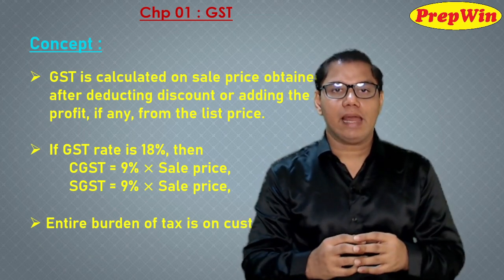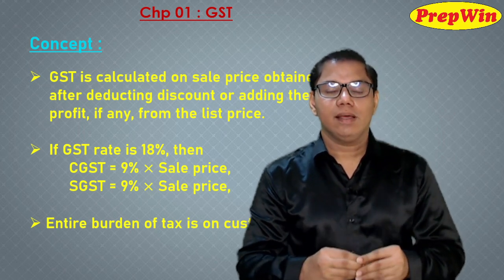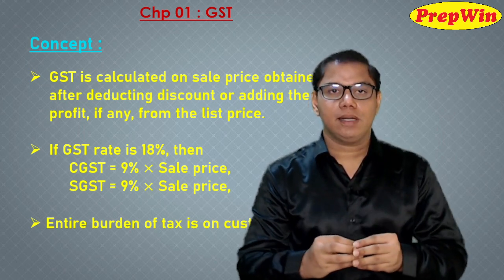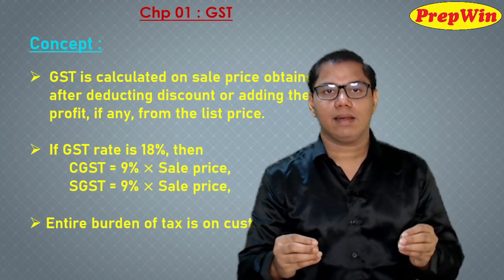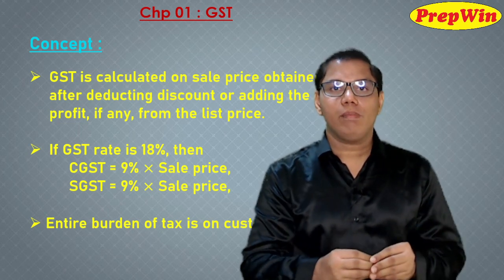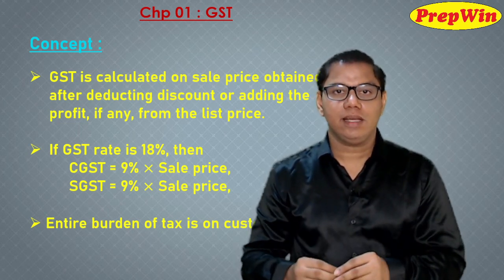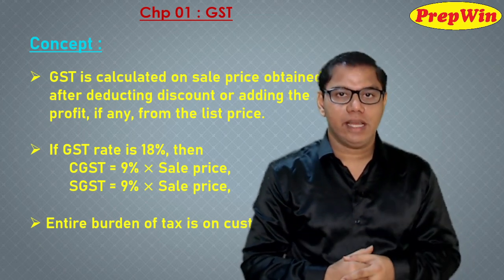When you are calculating the tax at 18%, you have to bear in mind that this 18% is divided between the state government and the central government. So 9% of the sale price will be your CGST and the remaining 9% will be your SGST.